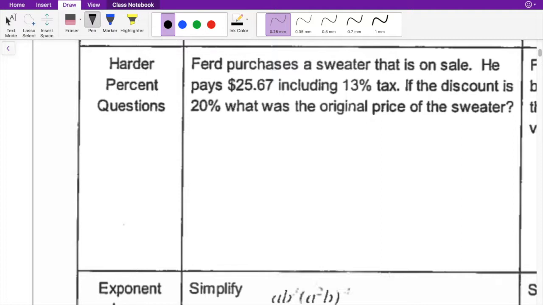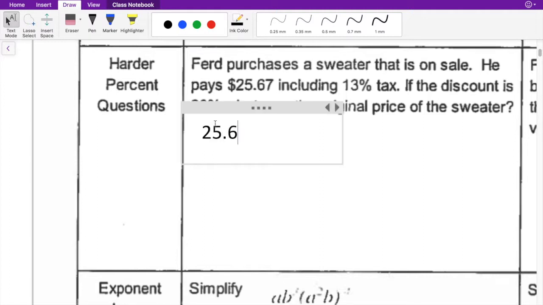So, Ferd's back. Ferd purchases a sweater that is on sale. He pays this price, including 13% tax. If the discount on the sweater is 20%, what is the original price of the sweater? So, if we think about it, when we do tax, we times the price by 1.13.